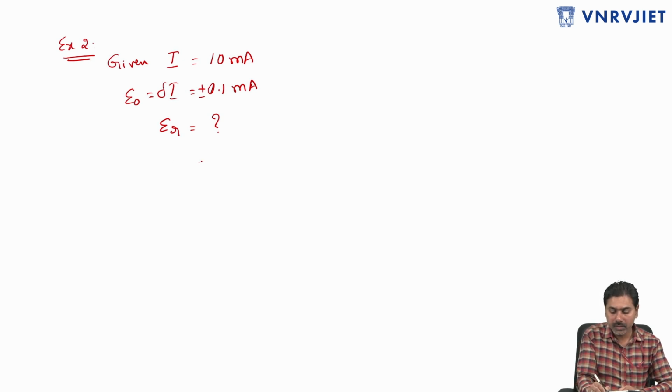The relative limiting error is calculated by the formula delta I by I. This is equal to 0.1 milliampere divided by 10 milliampere, which is equal to 0.01.